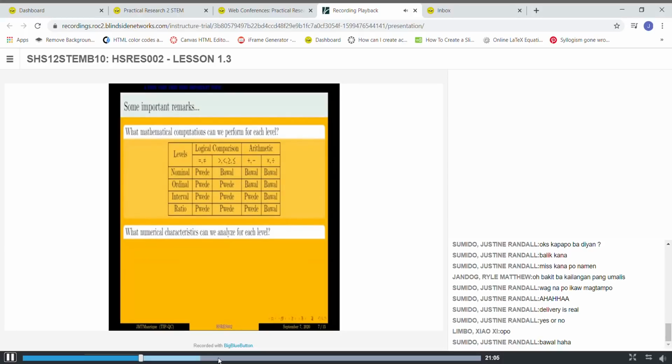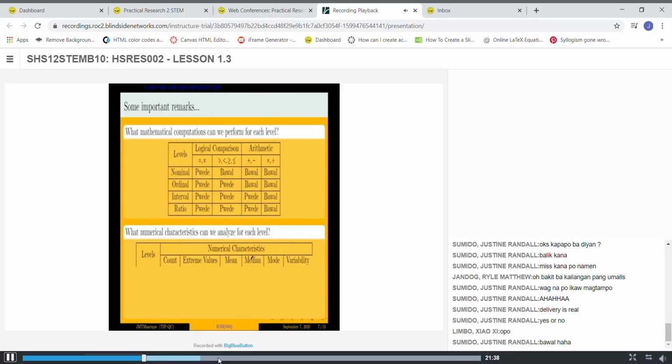Ngayon naman, what numerical characteristic can we analyze for each level? So when you say numerical characteristic, anim yan. So yung count o yung frequency, yung dami ng sumagot sa bawat value. And then extreme values. Extreme values is yung highest and lowest. Mean is yung average. Median is the middle value or the center value.